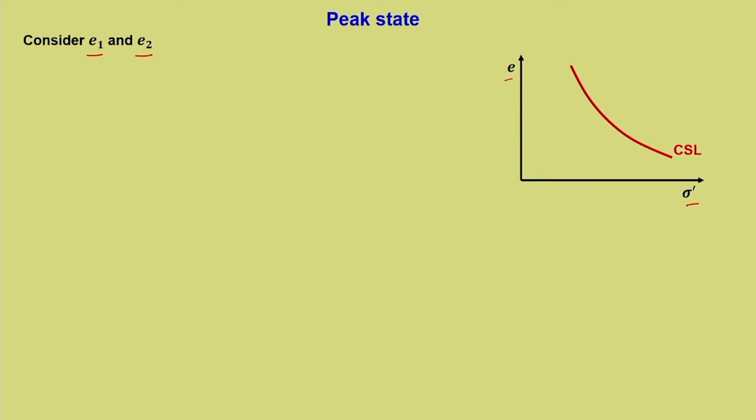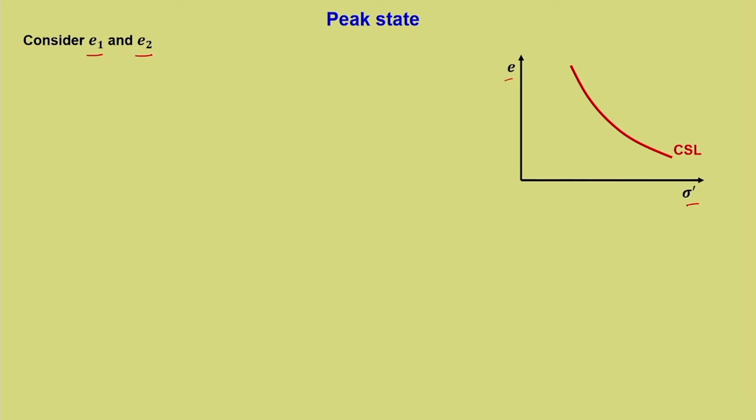Since we are considering the peak state, we do not have to really bother about the normal consolidation line, because we know that the peak state is relevant to over consolidated or dense sand, which lies on the dry side of the critical state mostly. So, we will discuss e-sigma dash. There are different ways of representation, most of which we have already discussed. It can be on a log sigma dash plot as well, but here specifically it is on a linear scale.